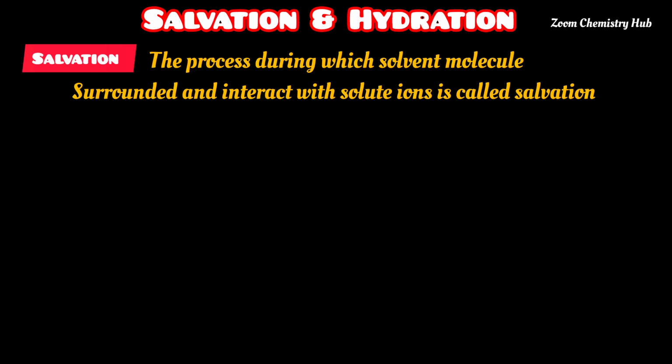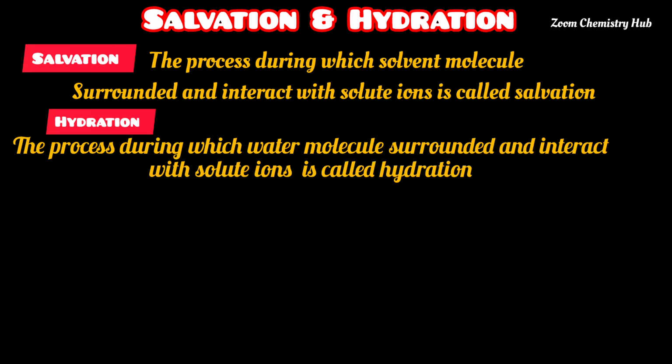Solvation is the general term for all solvents, and if the solvent is water, then the solvation is also called hydration. So the process during which the water molecules surround and interact with solute ions is called hydration.